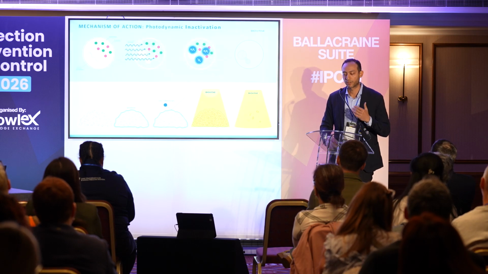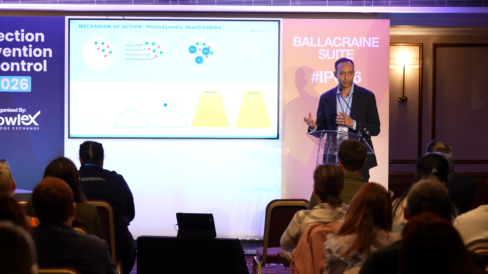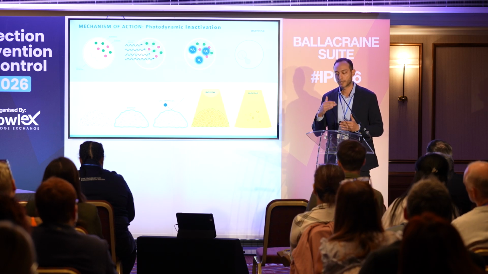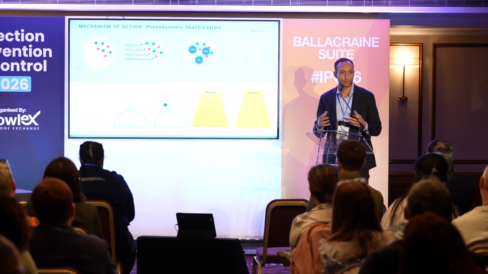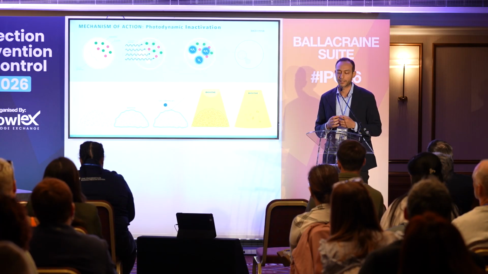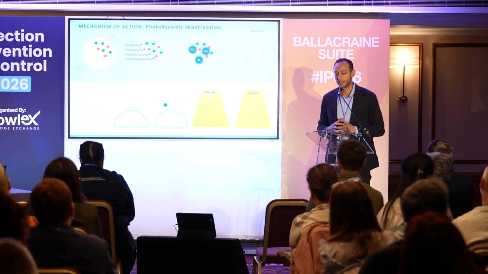Essentially what happens after the bacteria absorbs the light through the porphyrins or the flavins is that you have a chain of ROS, reactive oxygen species, you have H2O2 generated, and the bacteria in this case totally dies.